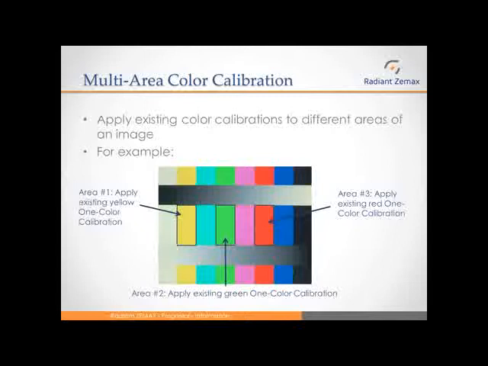Okay, the last 2 types of custom calibrations are really meant to address situations where there are very different colors within one image. An example would be a dashboard of a car, where you want to measure the uniformity of the characters, but they're very different colors.